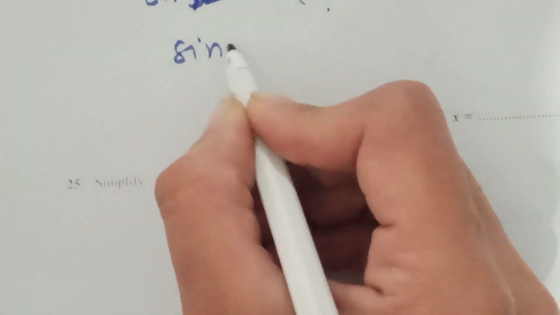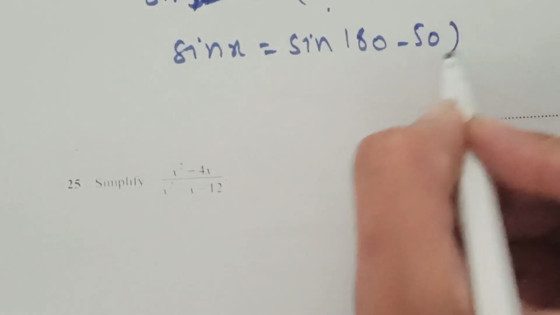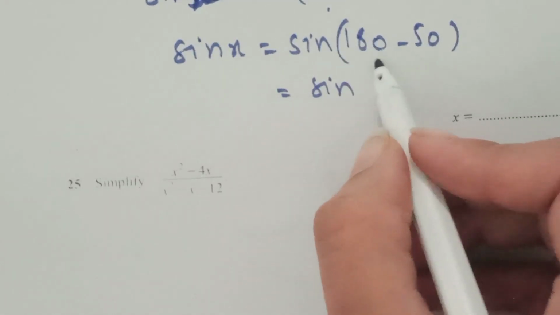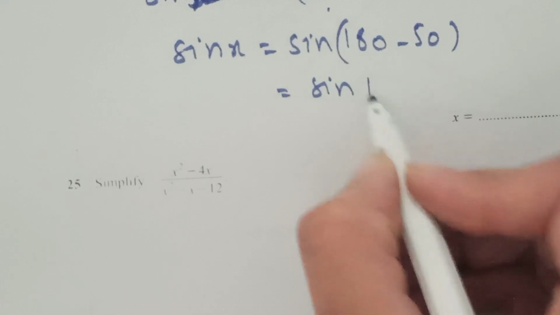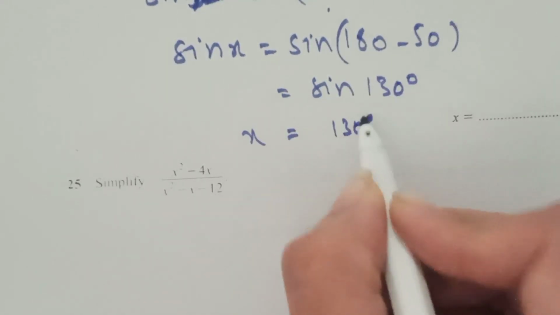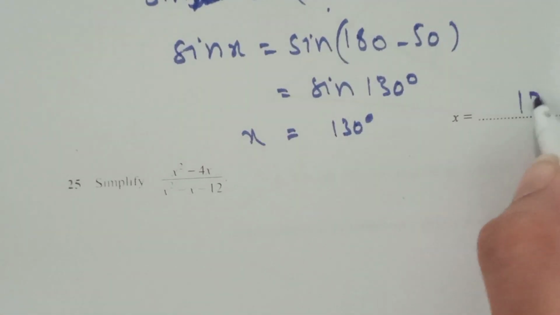It means we have to subtract the value from 180 to find the value of x. We get 180 minus 50, we get 130, and x is equal to 130 degrees. Now students, x is equal to 130, and that is the answer of number 24.